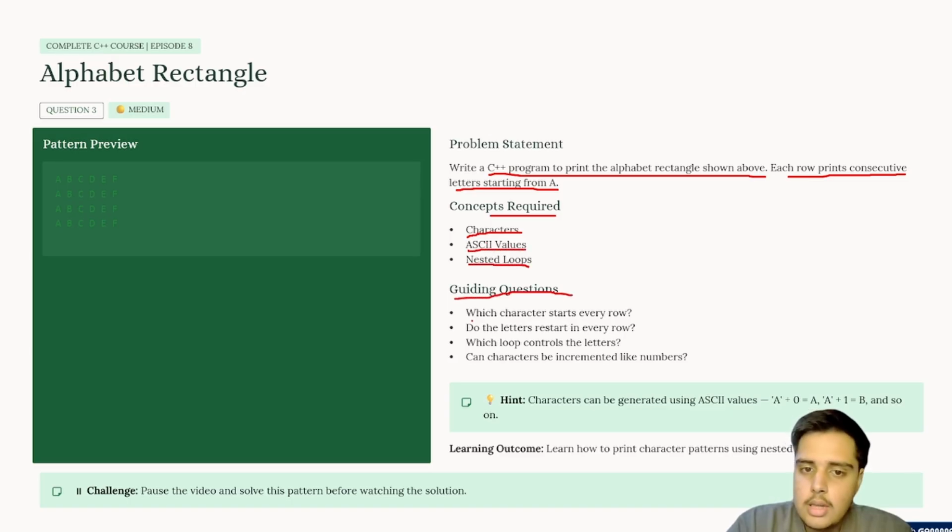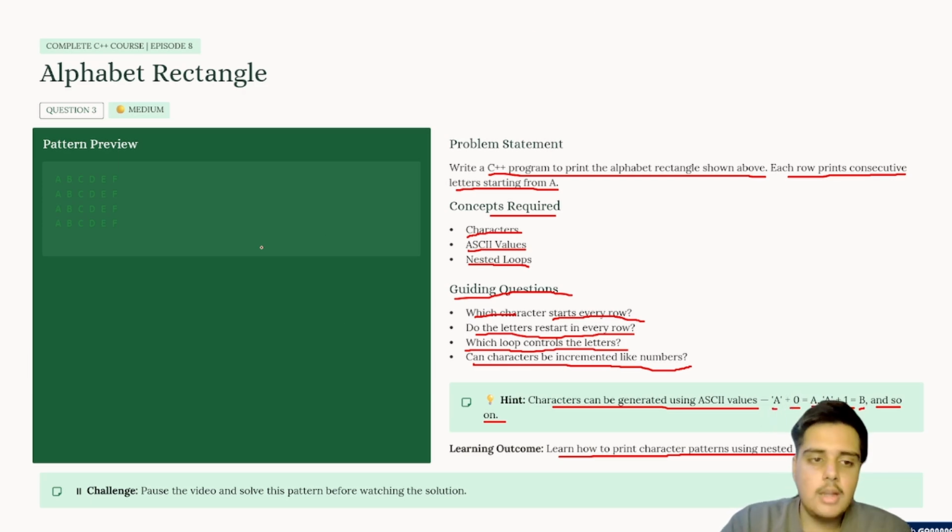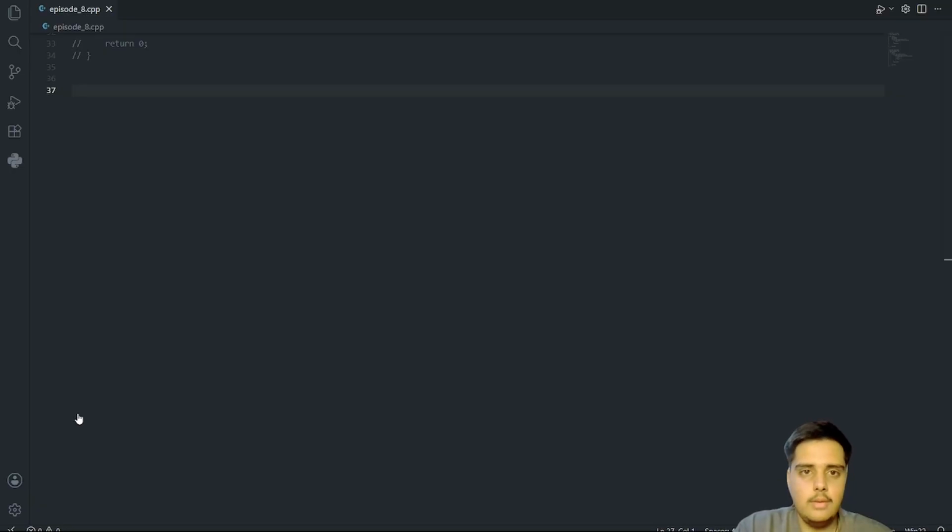Guiding questions: which characters start every row, do the letters restart in every row, which loop controls the letters, can characters be incremented like numbers. Hint is, characters can be generated using ASCII values like A plus 0 is equal to A, A plus 1 is equal to B, and so on. So learn how to print character patterns using nested loops. Here ASCII values play a vital role. This is a very good question, I would say.